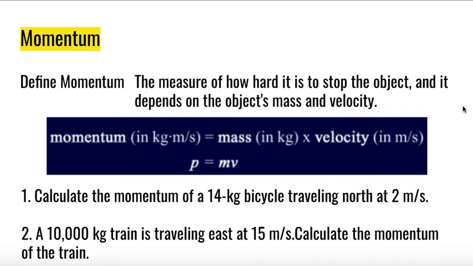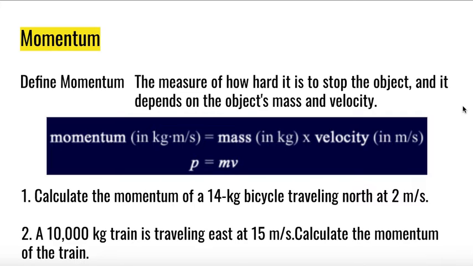Number 2 says a 10,000 kilogram train is traveling east at 15 meters per second. Calculate the momentum of the train. Obviously, thinking about a train and how much mass it is, how heavy it is, you're thinking the ability to stop that train is going to be a ton of energy.